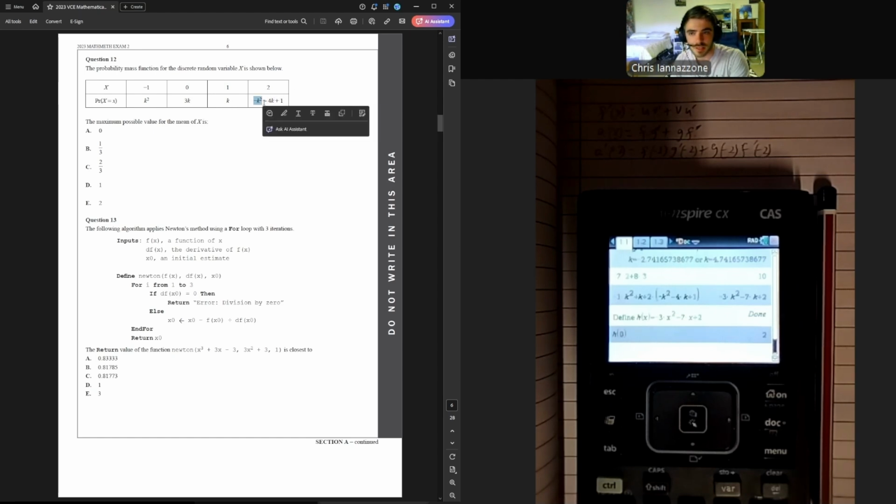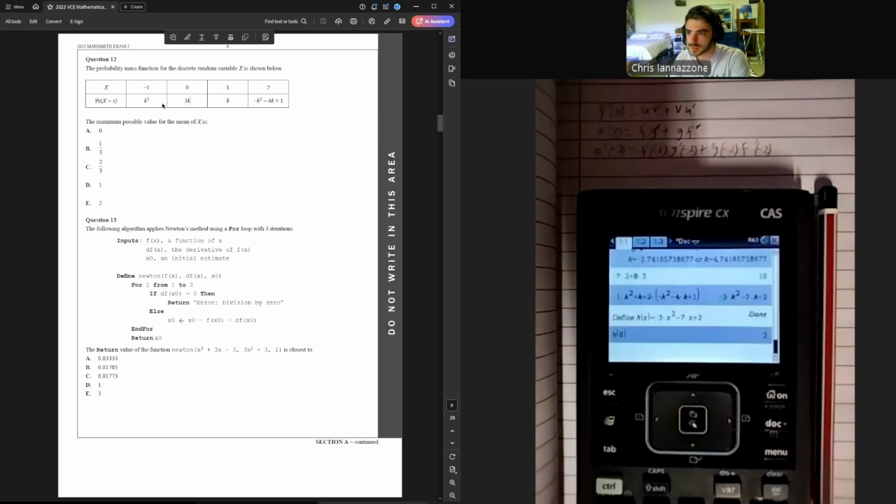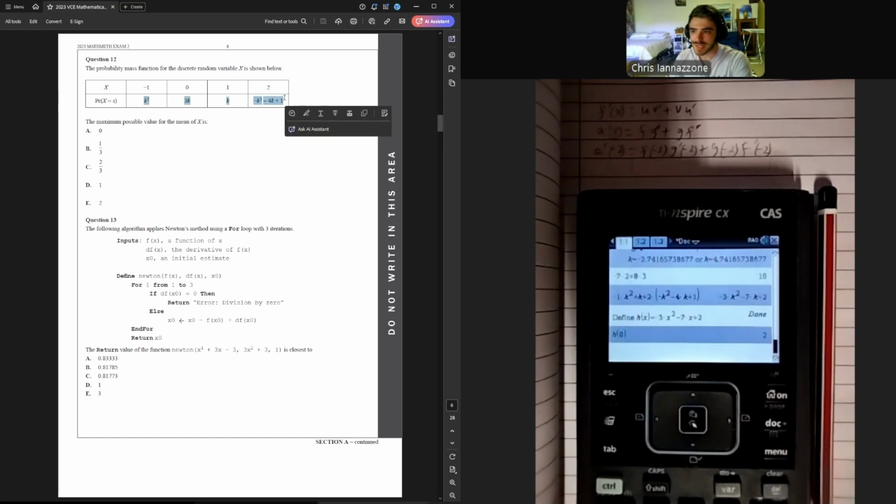You can see if that goes to 0, that goes to 0, that equals 1. 0, 0, 0 plus 1 equals 1. So not only do we have our mean value of 2, which is correct, we've also made sure that the table adds up as well. All of these things have to be true at the same time. That makes us confident to say that E equals 2 is a valid solution to this.